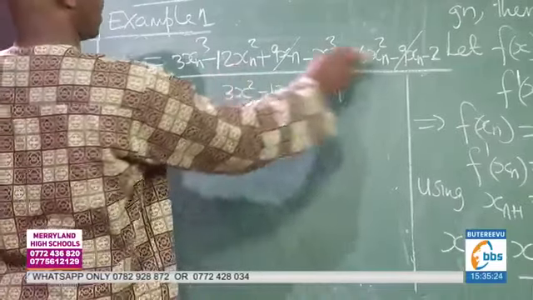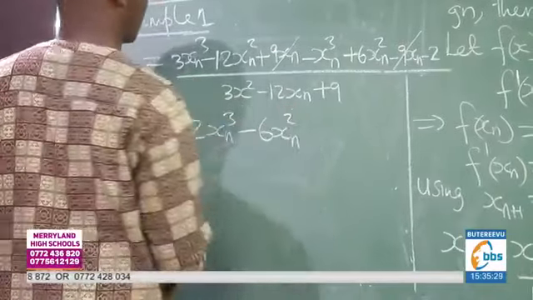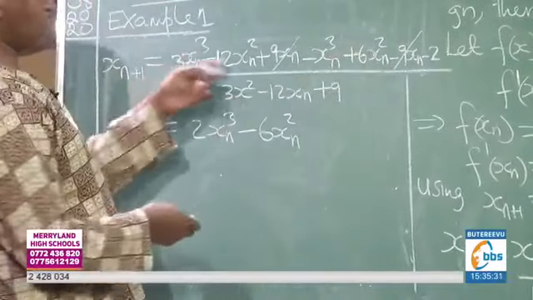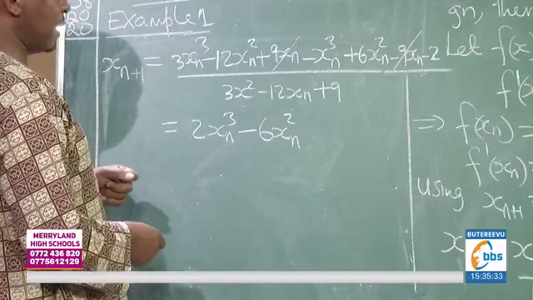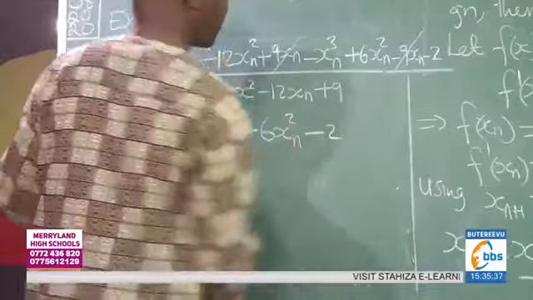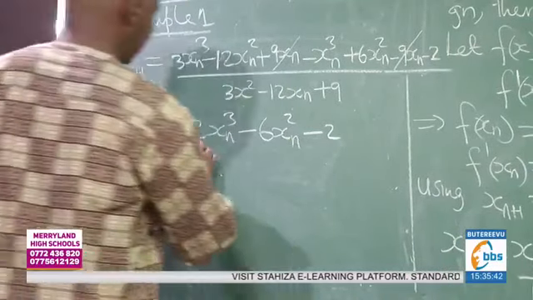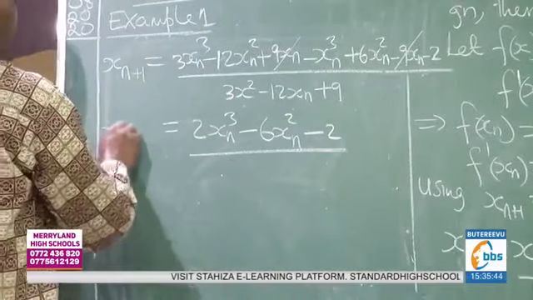12xn is a negative, plus this will leave us with 6xn squared, because this half will cancel with half. And then what else? We have minus 2. Our numerator should be beginning to look like the numerator of the final expression.